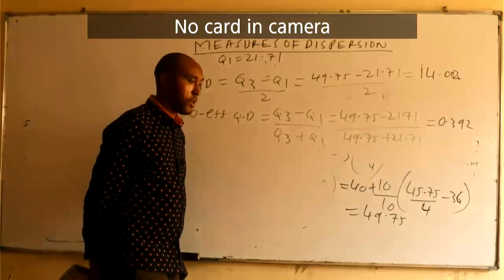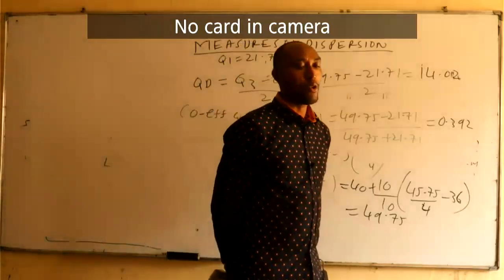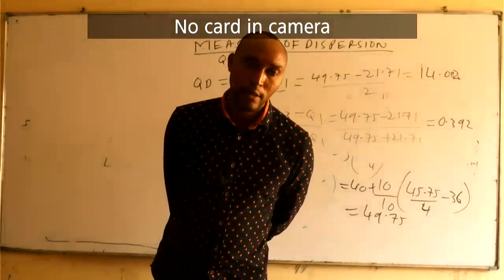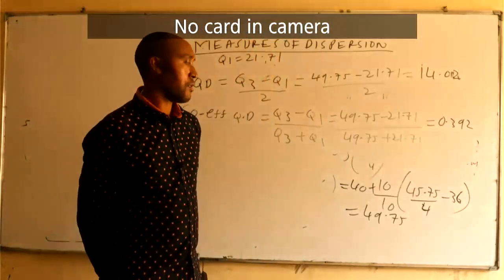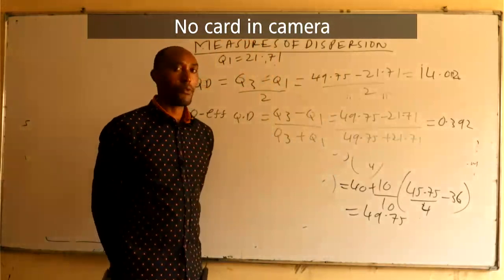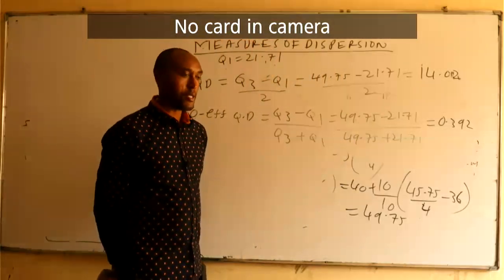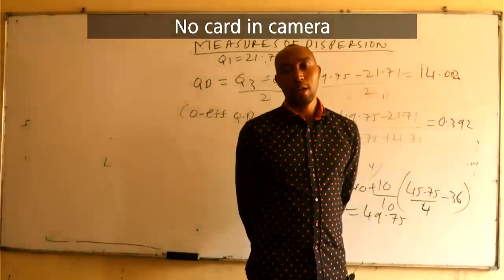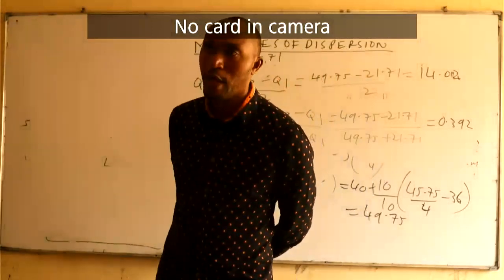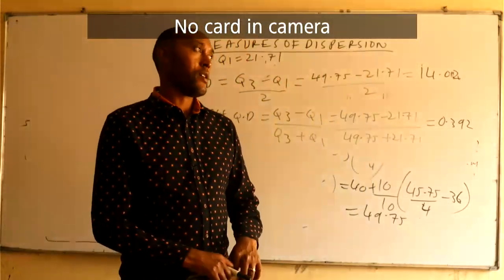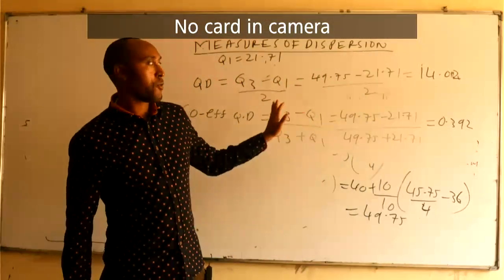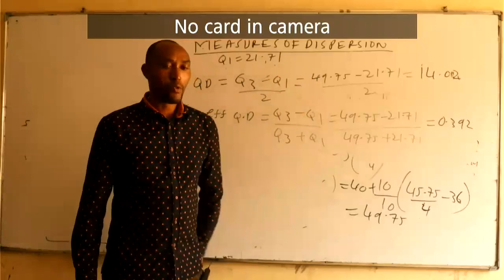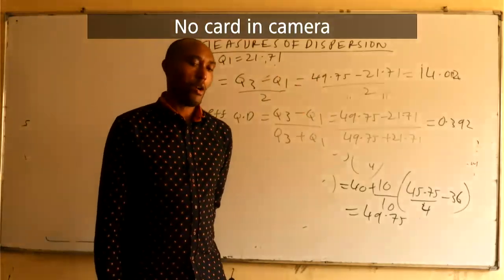C is the cumulative frequency preceding the quartile class, and F is the frequency of the quartile class. So don't confuse the C and the F. On your cumulative frequency, the number preceding the quartile class is what you pick.